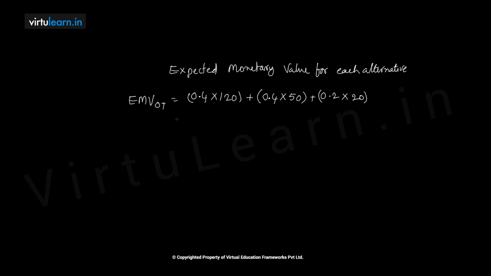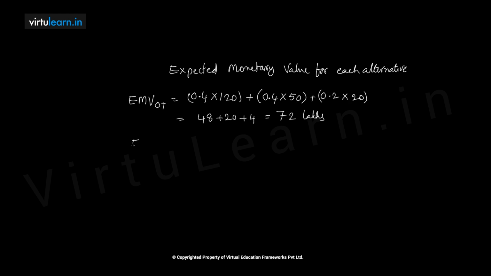Then this would result in 48 plus 20 plus 4. The total is 72 lakhs as profit.